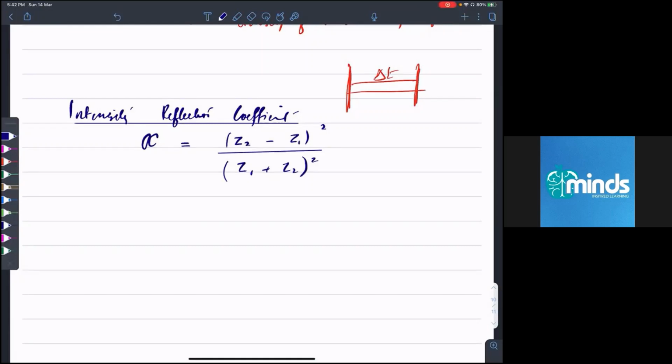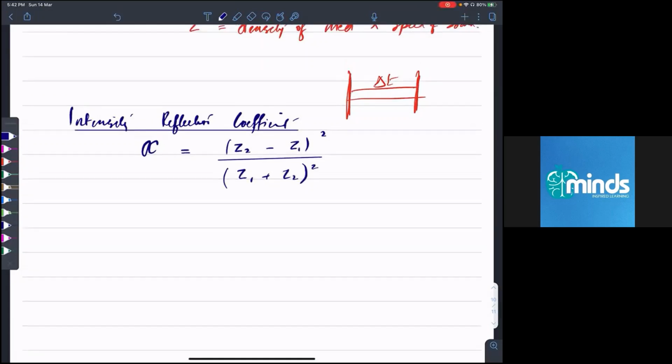This is the formula for alpha. In other words, you can say this is actually reflected over incident, IR over I.